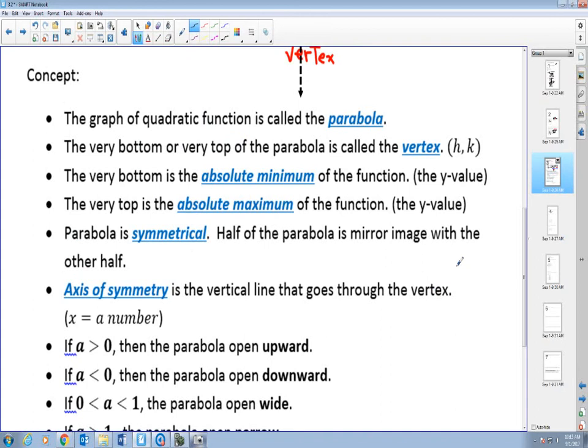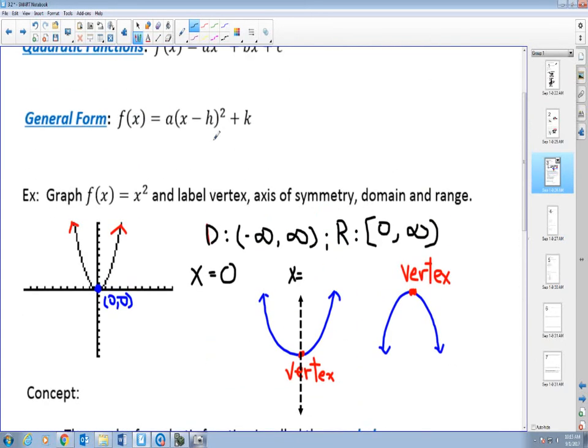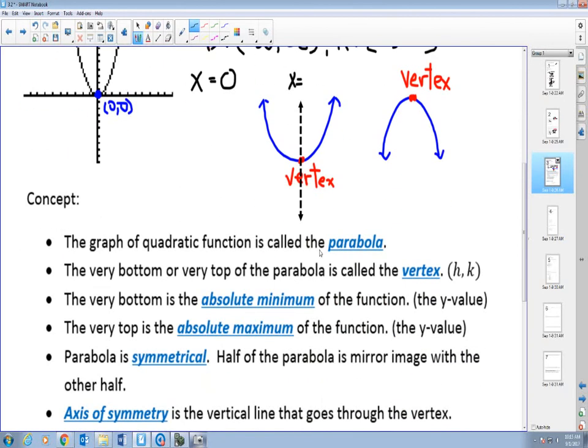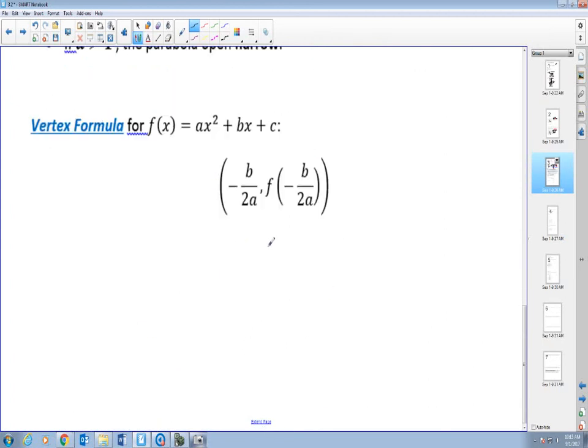All right. And earlier I mentioned the vertex is h and k for the general form. So if I'm having a quadratic function that's in this form, ax squared plus bx plus c, then to find its vertex, we can use the vertex formula. Okay. So the h, or the x value, is simply negative b over 2a.